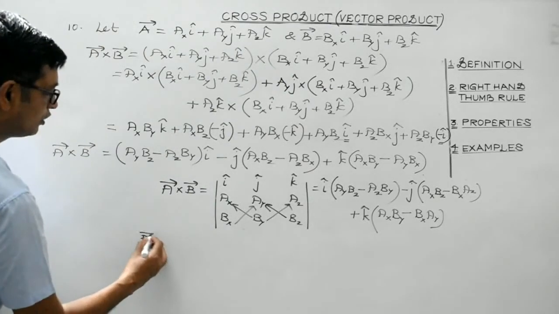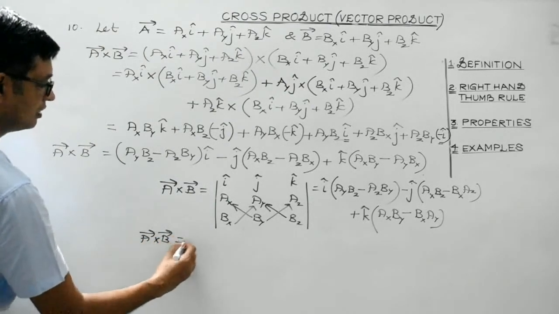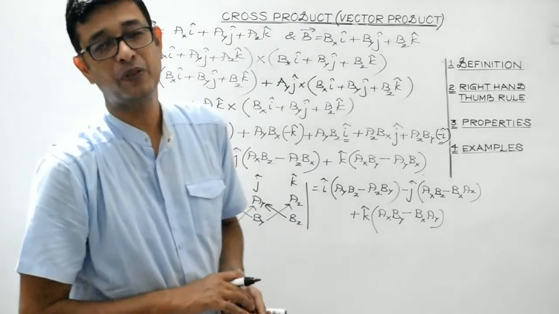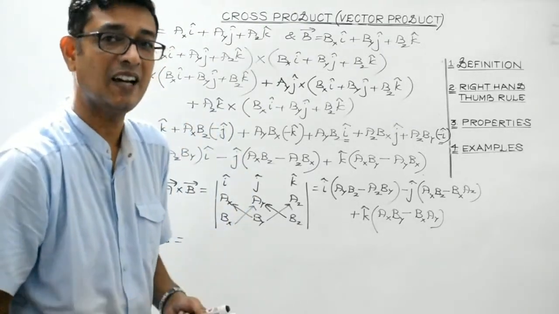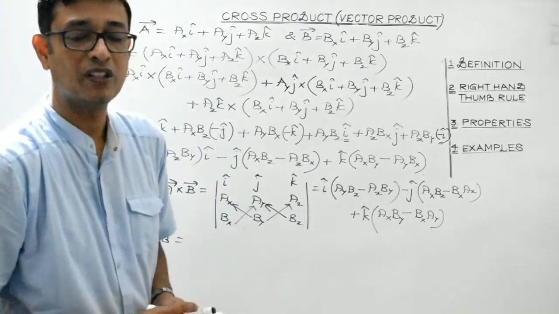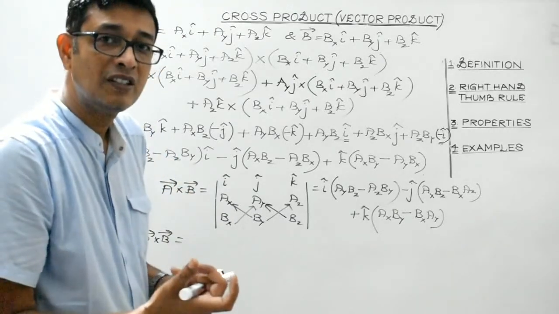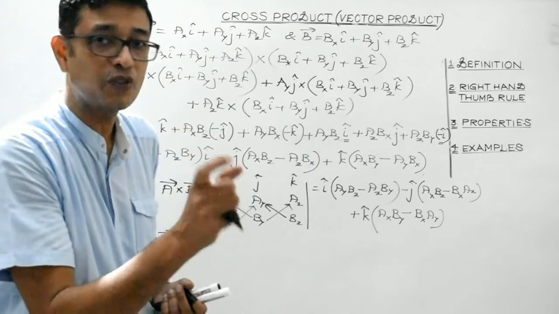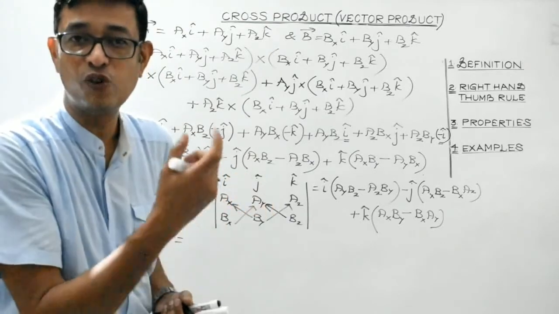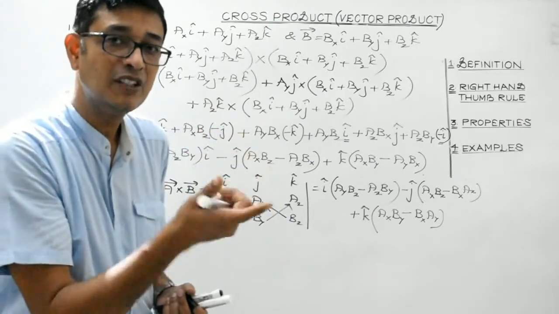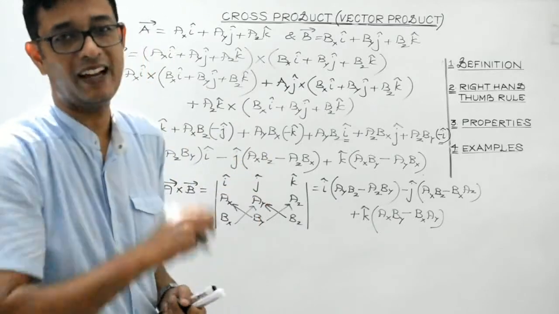What about the magnitude of A vector cross B vector? Whenever any vector is represented in terms of i cap, j cap, k cap, that is the rectangular components, then its magnitude is given by the square root of the square of the coefficient of i cap plus the square of the coefficient of j cap plus the square of the coefficient of k cap. Right?